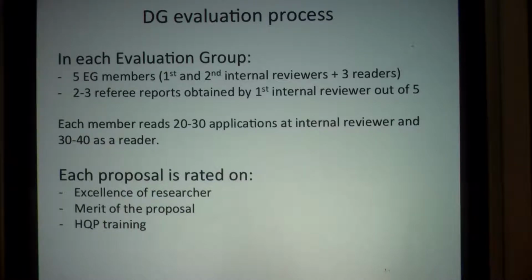Then you have to realize that each member is going to be reading between 20 and 30 applications as internal reviewer, and around 30 to 40 as a reader. And of course, the ratings are excellence of researcher, merit of proposal, and HQP training.